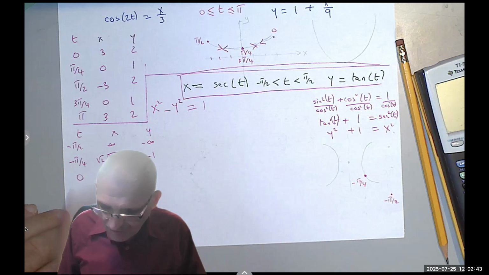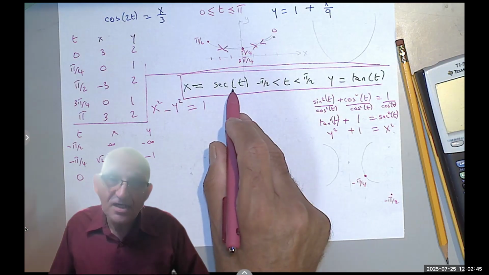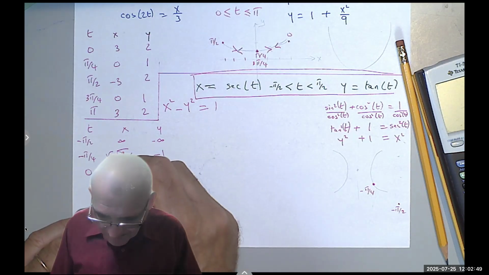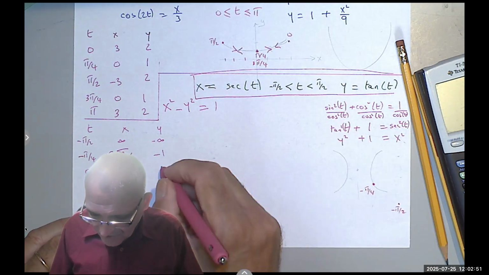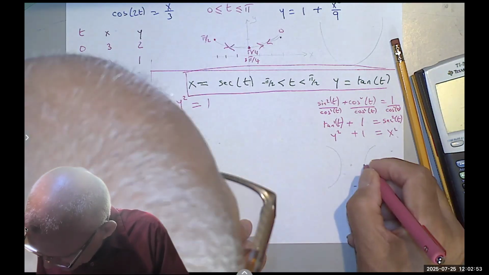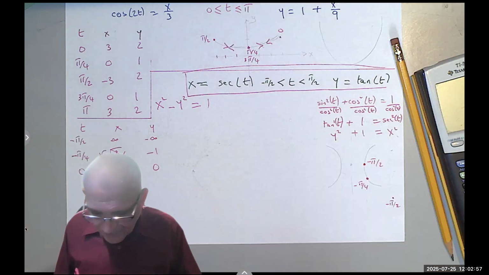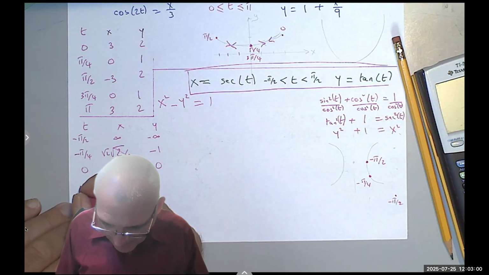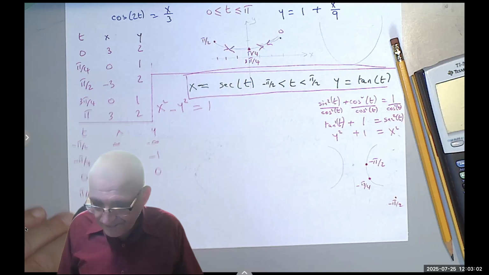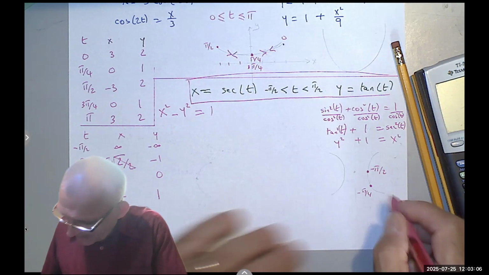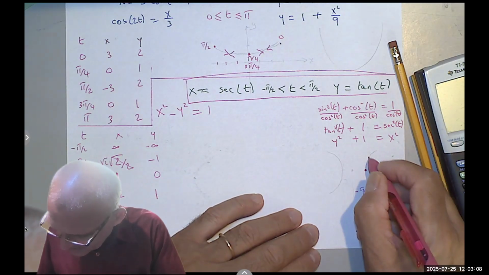How about 0? Cosine of 0 is 1, and secant is the reciprocal, so it's also 1. The tan of 0 is 0. So I am at 1 and 0 here. How about pi over 4? The secant is still root 2, but now the y is 1. So I will be above this point here.